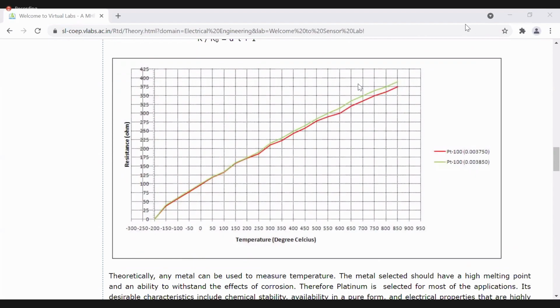So these both graphs represent the value of alpha for PT100, sir, and PT is platinum. Both are PT100 only, but their alpha value is different. Our resistance is varying directly proportional to temperature, sir. Okay, very good.